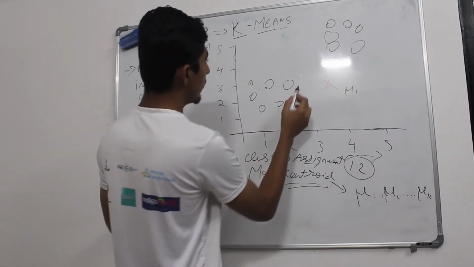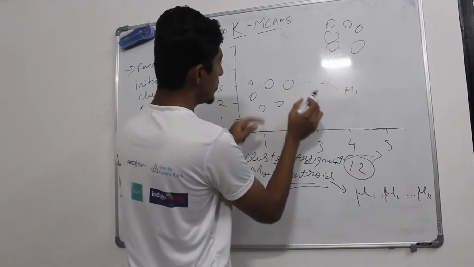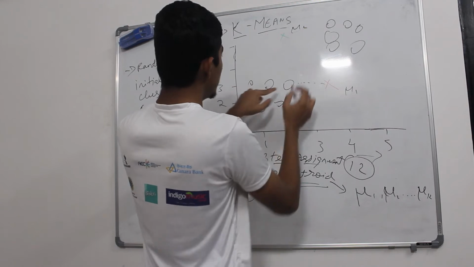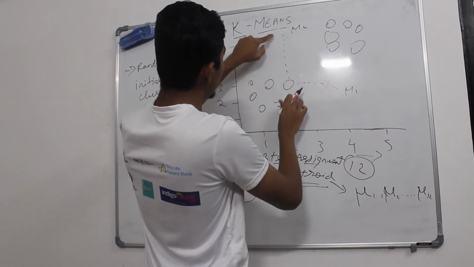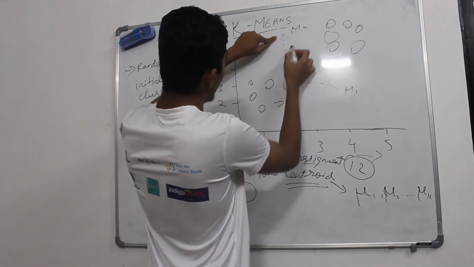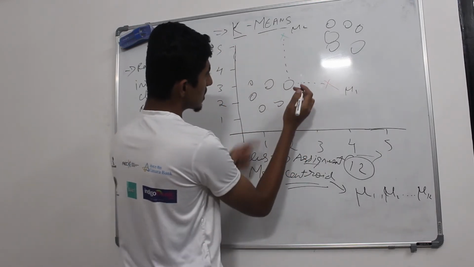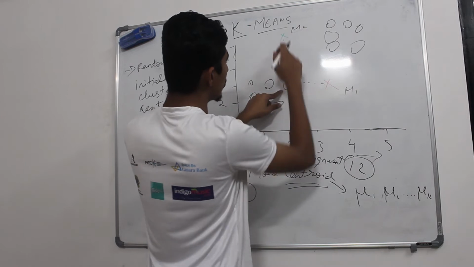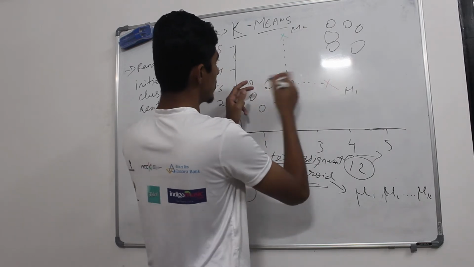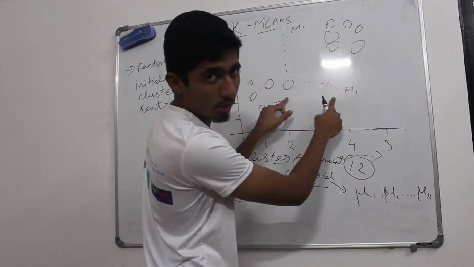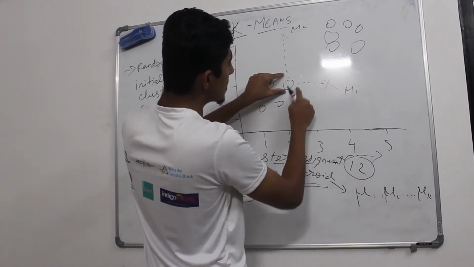Let us take for an example the distance between this data point and mu1, the first cluster centroid, and the distance between this data point and the mu2 cluster centroid. It compares each data point to each cluster centroid, and the least distance wins.